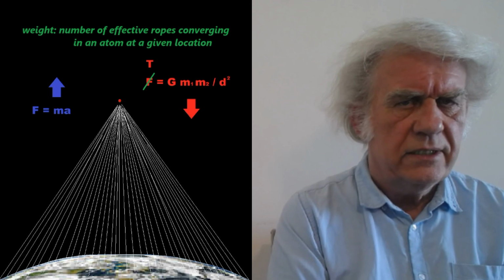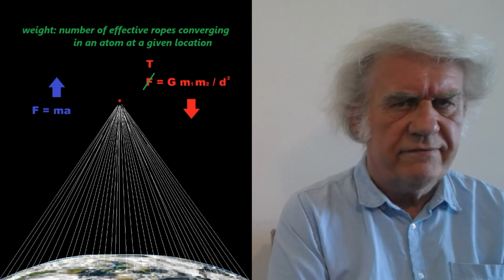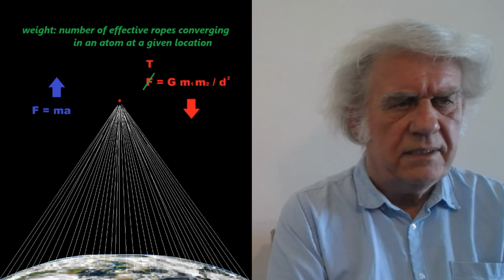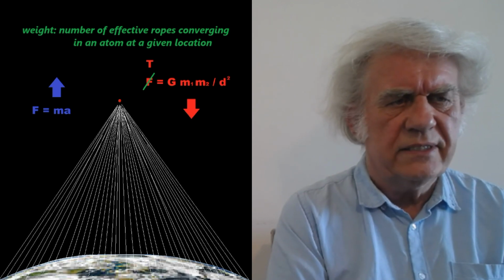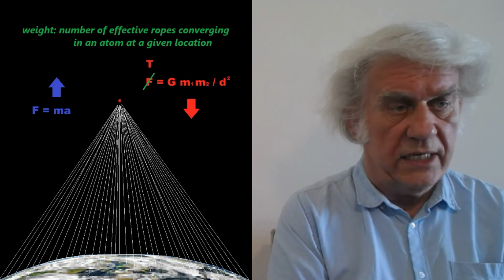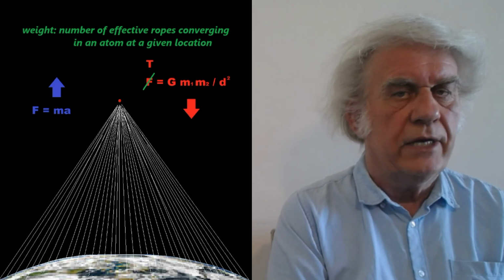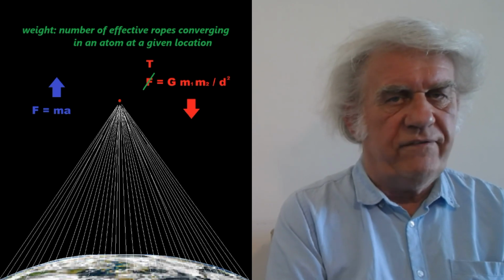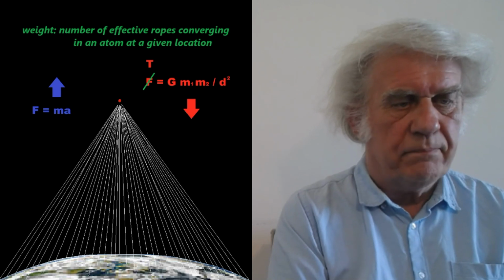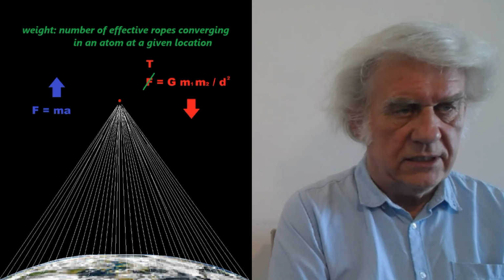Einstein used his elevator experiment to talk about this. Imagine that atom being in the elevator. It doesn't matter if the elevator goes up or down. What matters is how many effective ropes are connecting that atom to every atom on Earth at that specific location. That's the weight of that particle at that distance.